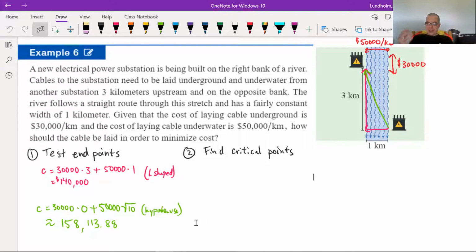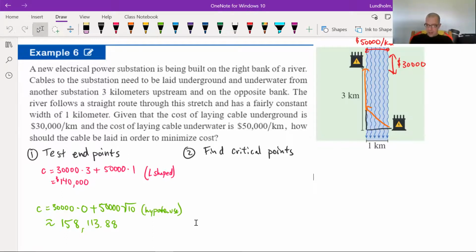And this is actually kind of interesting because rather than one of these extreme scenarios, we might be able to find a route that goes for a ways in the water, but not necessarily directly across the river, and then goes across land, but maybe there's some optimal path in between the two extremes that we just looked at. And in order to figure this out, we're going to need to give some variables.